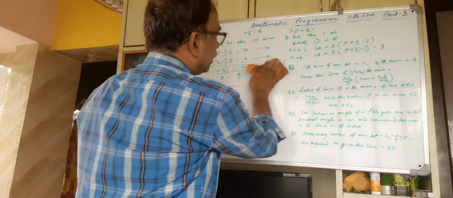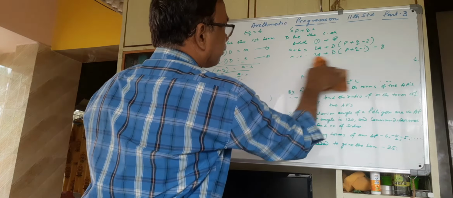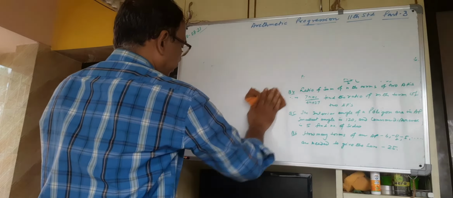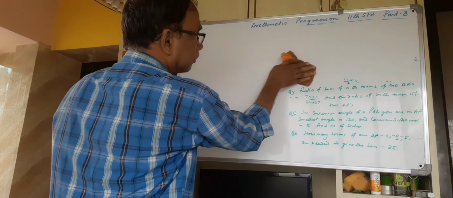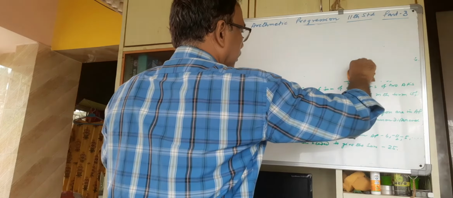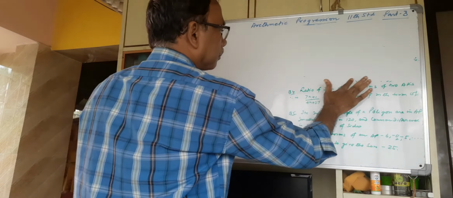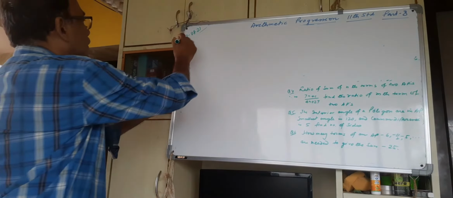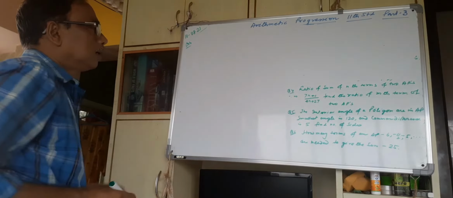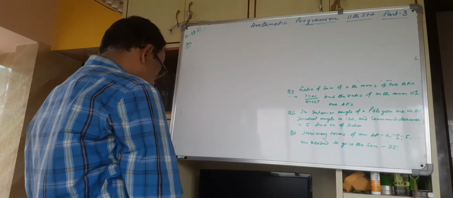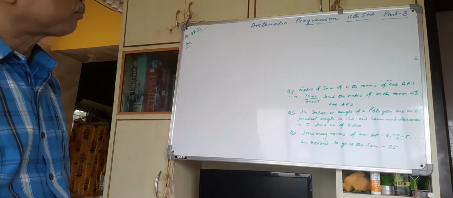Okay, let's do sum number 4. The ratio of the sum of n terms of two series.